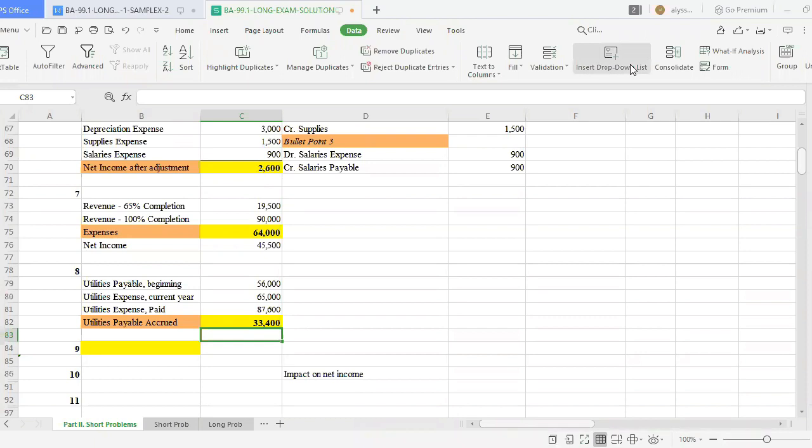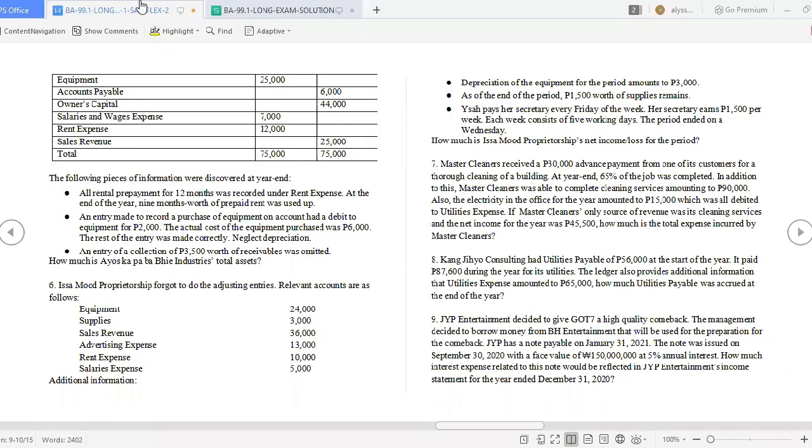So the correct answer is 33,400 utilities payable accrued. So among the 121,000, you already paid 87,600 and you accrued 33,400.